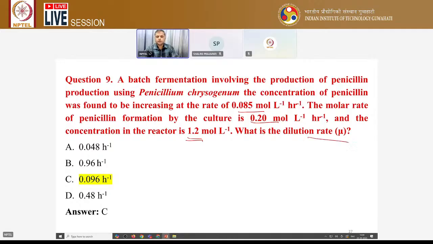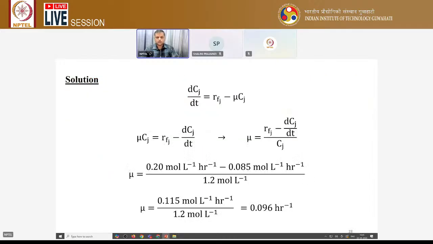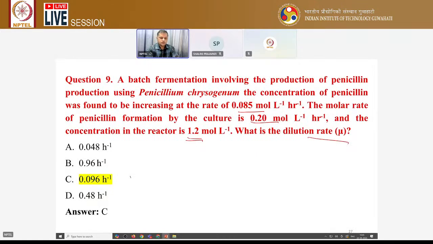Now you have to calculate the dilution rate. The change in concentration, dCi upon dt, equals the formation rate R_fi minus mu into Ci, and you have to calculate mu. So mu will be R_fi minus dCi upon dt divided by Ci. All the parameters are given here. If you put them into this formula, you get mu as 0.096 per hour. This is the correct answer.